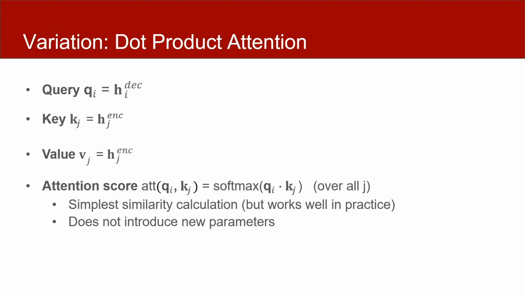So this is a very simple similarity calculation, but it works pretty well in practice. And one nice thing is that it doesn't introduce any new parameters to our model. And so the dot product attention essentially says that if the decoder should focus on the jth input, its hidden state should be similar to the encoder hidden state at time j. We're essentially forcing the network to learn to produce this kind of hidden states.